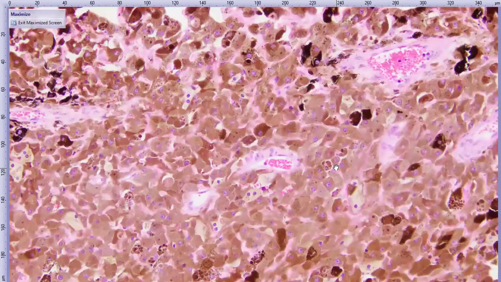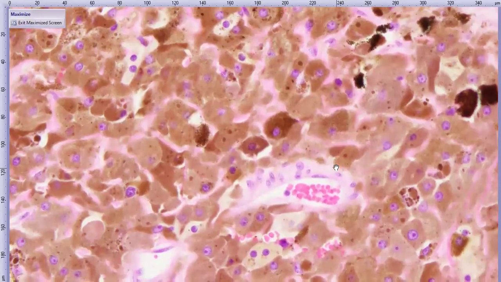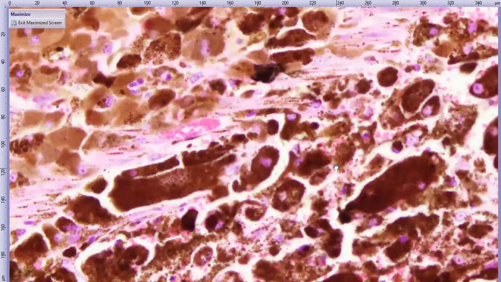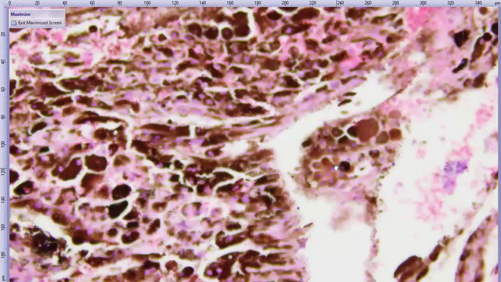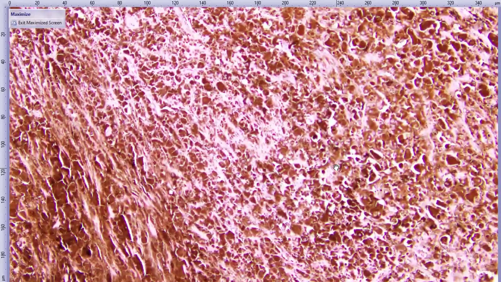When you get higher mag, the cells are kind of bland. They have nice prominent nucleoli, but they're relatively bland. Mitotic figures were not seen. We do have really extensive areas of necrosis, which also is very common in canine melanocytomas.